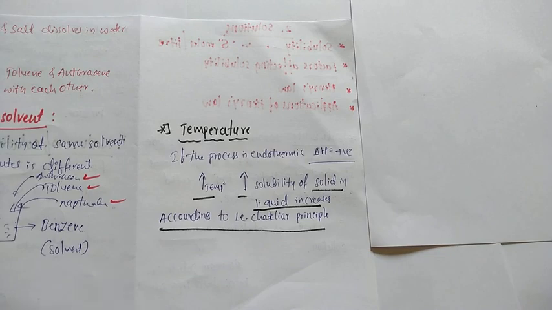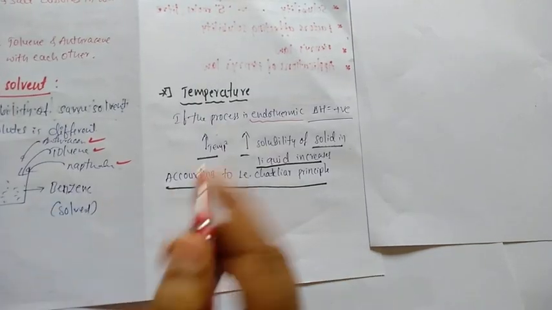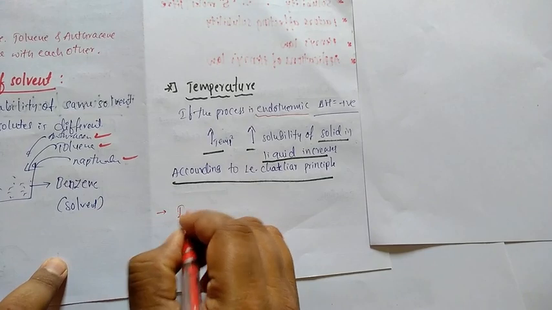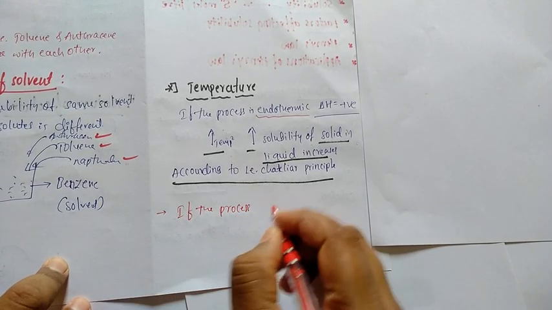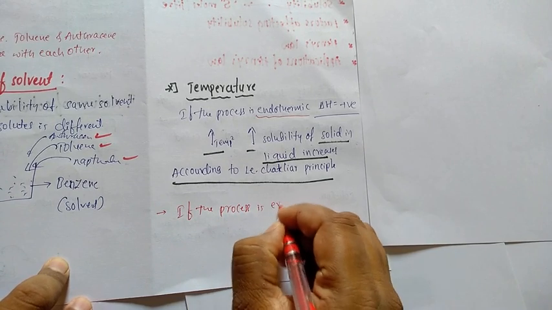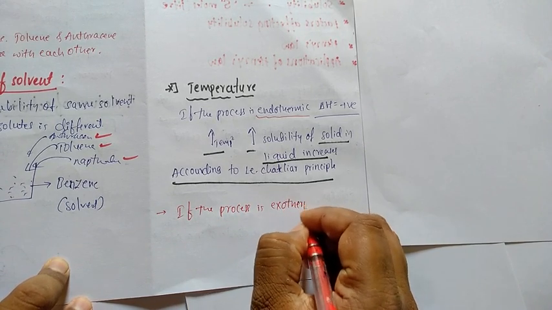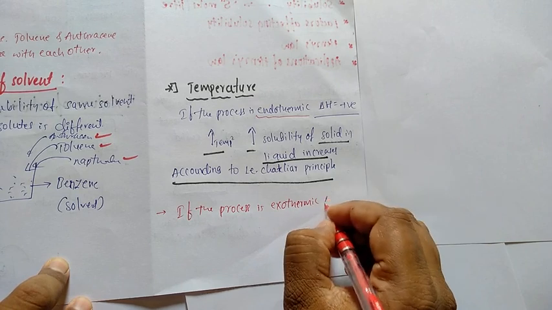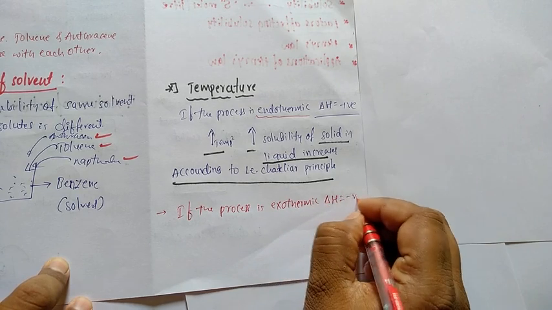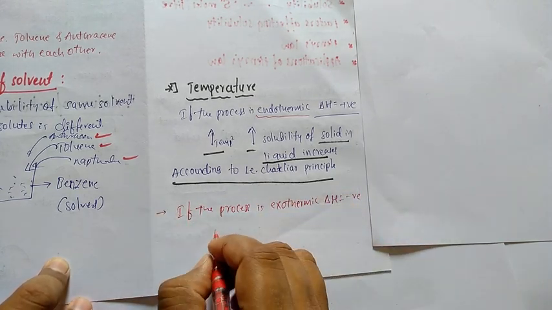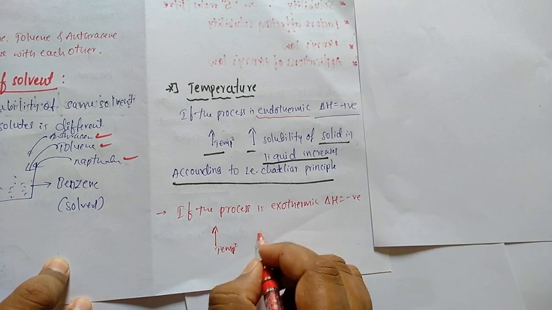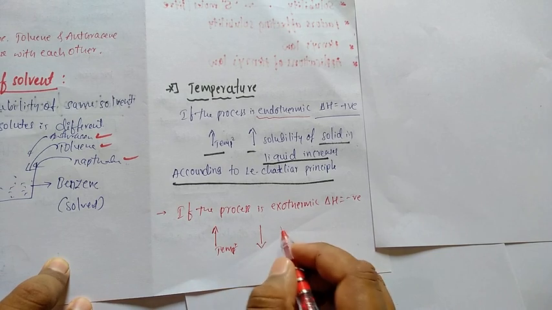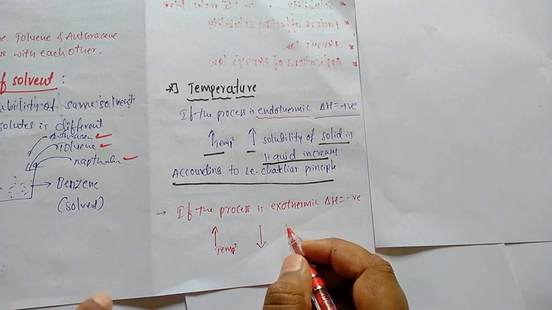And next, if the process is exothermic, it means delta H is negative. Here, if you increase the temperature according to Le Chatelier's principle, there is a decrease in the solubility of a solid in a liquid.